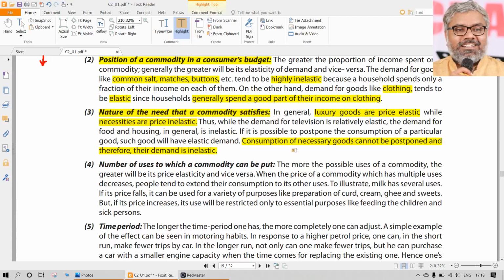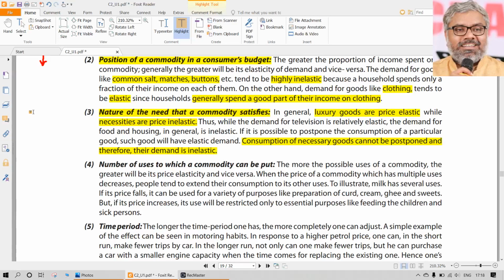Once again, completely inelastic, completely elastic. Completely inelastic means price elasticity of demand is zero. Completely elastic, perfectly elastic means price elasticity of demand is infinity. And I told you already, you need to keep that in mind. Practically, that is not possible. Though we use the words very casually, inelastic and all, practically there is nothing called completely inelastic.